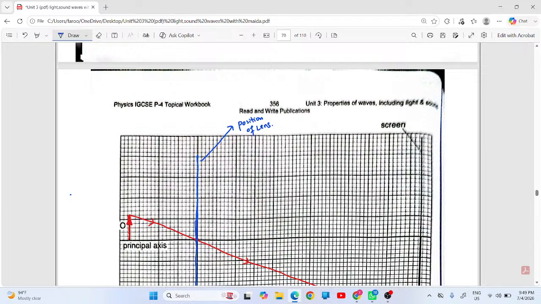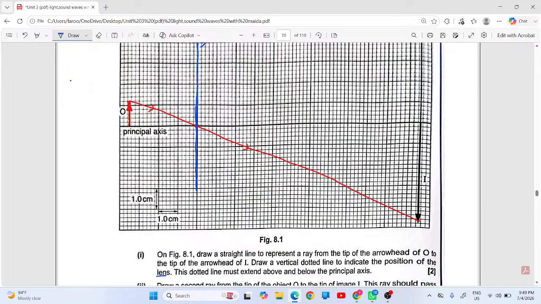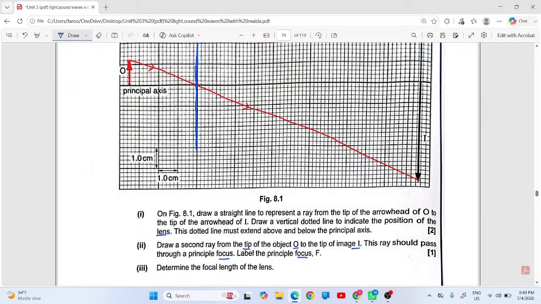It has not been told here what the position of the principal focus is. So let us consider a ray of light. We know that the second ray should pass through the focus, and our target is to join the ray with the tip of the image.